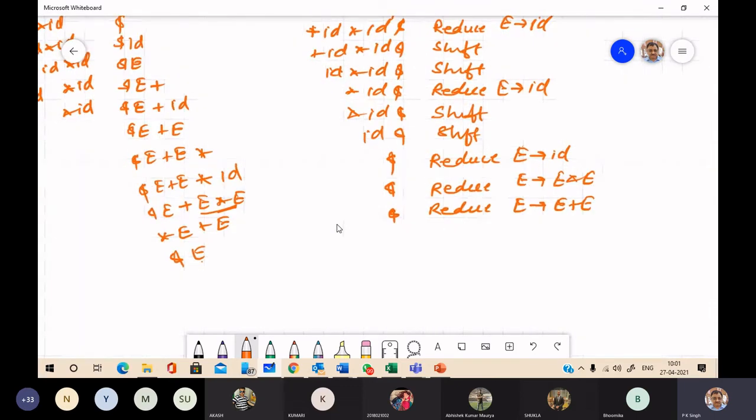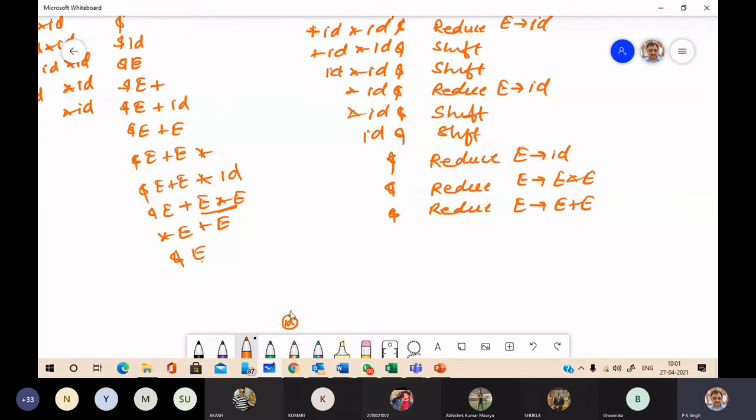When your parser performs the shift operation, it will create a leaf node of the parse tree or syntax tree, and when it performs the reduce operation, it will introduce an internal node and connect all the symbols from the right side of the production. Just see, we'll consider this. First, ID is shifted, so it will create ID as a leaf node.